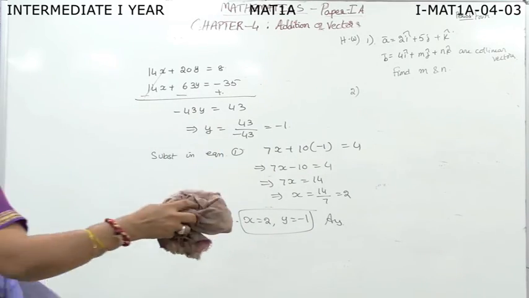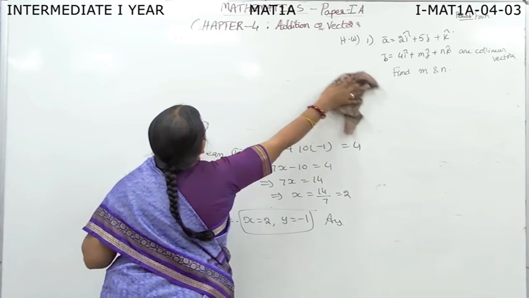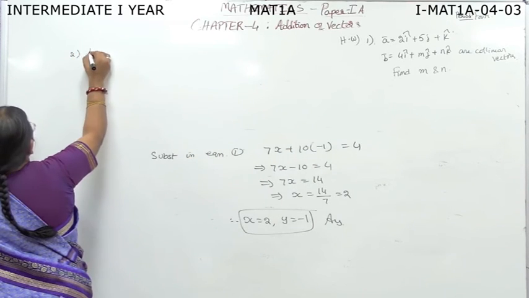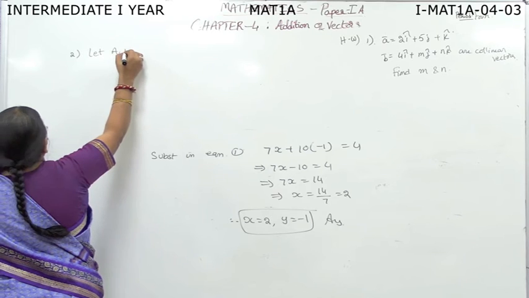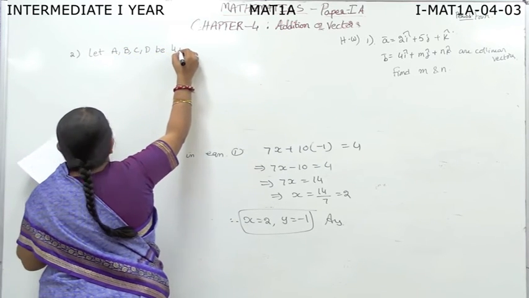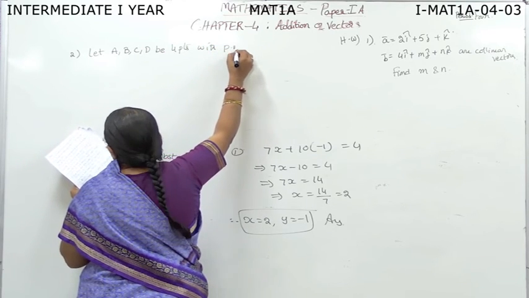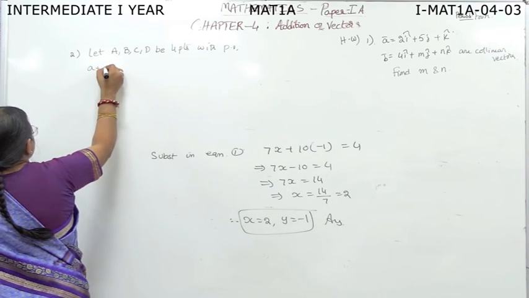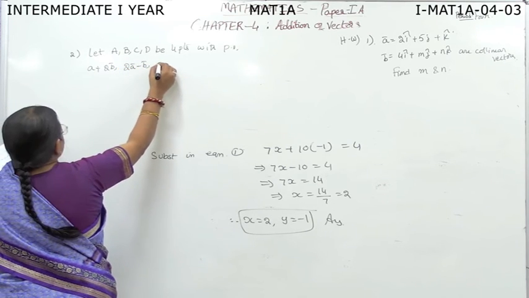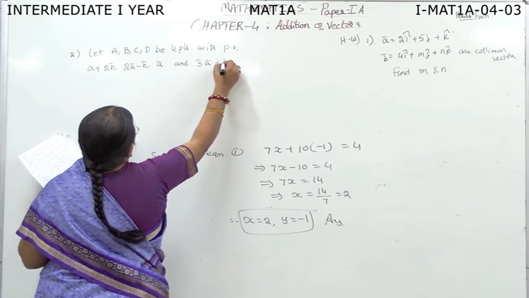Now the second one, I'll write here. Second problem, let A, B, C, D be 4 points with position vectors A plus 2B, 2A minus B, A and 3A plus B respectively.